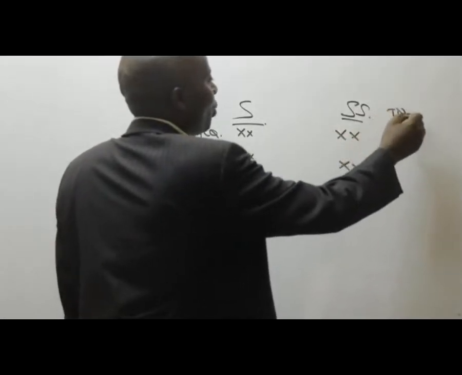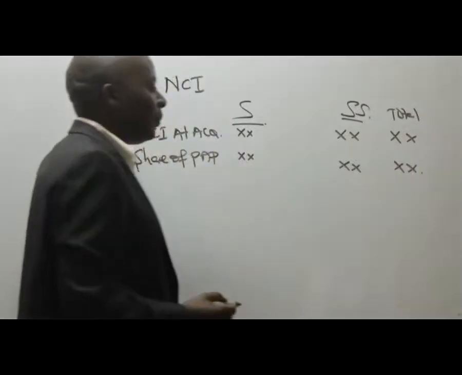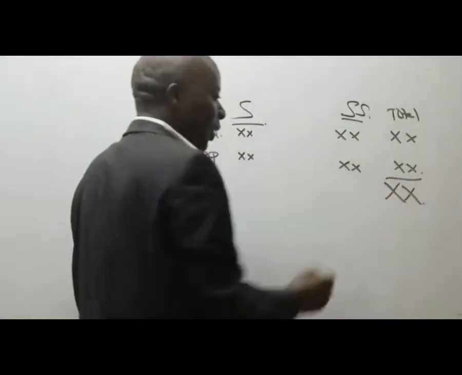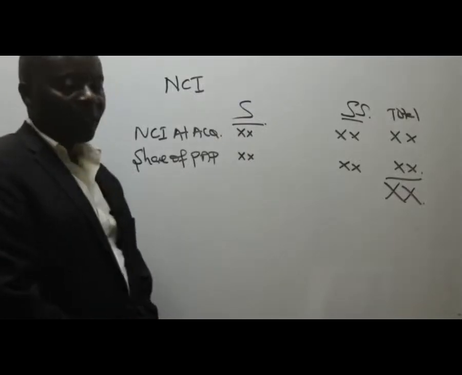Then you give me the totals here, and then the total there. I've taught you how to calculate these things severally. Let me see whether anybody will be able to get this metrics here.